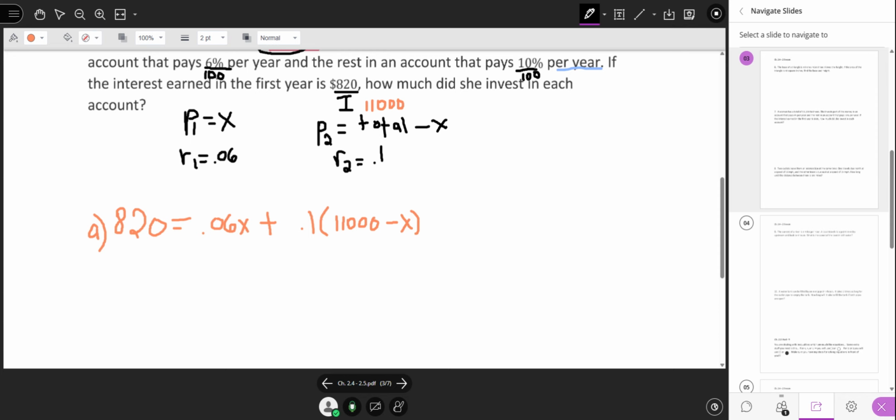Now, put this in Desmos. And you may have to search for it. Because it could be in the thousands, since that's 11,000. 0.06x plus 0.1 parenthesis 11,000 minus x, close it.